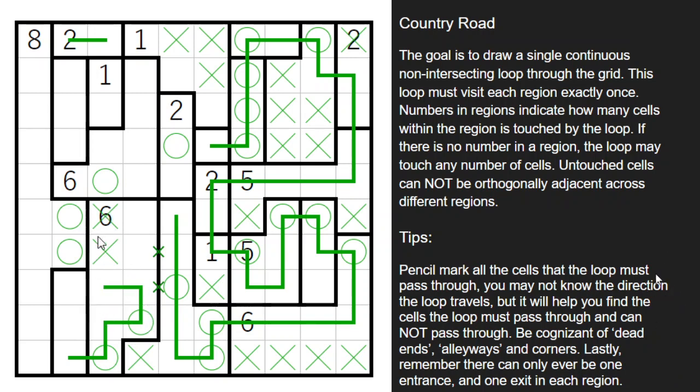It's trapped, and it hasn't fulfilled the 6th clue yet. So this is an X, making that a circle, and we have to hit that from here. So that goes up like that, making this a dead end here. There's no way the loop can go right. Like let's say the loop goes that way, it would have no way to exit. So that's a dead end, that's a dead end. And this 6 is now satisfied by going up like that.